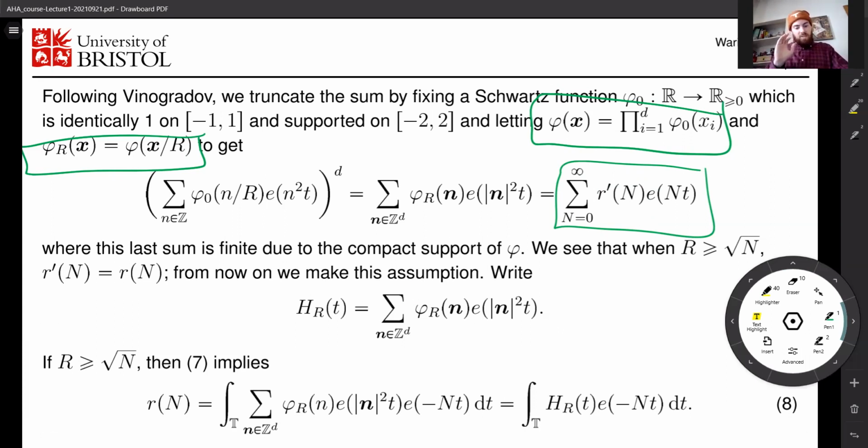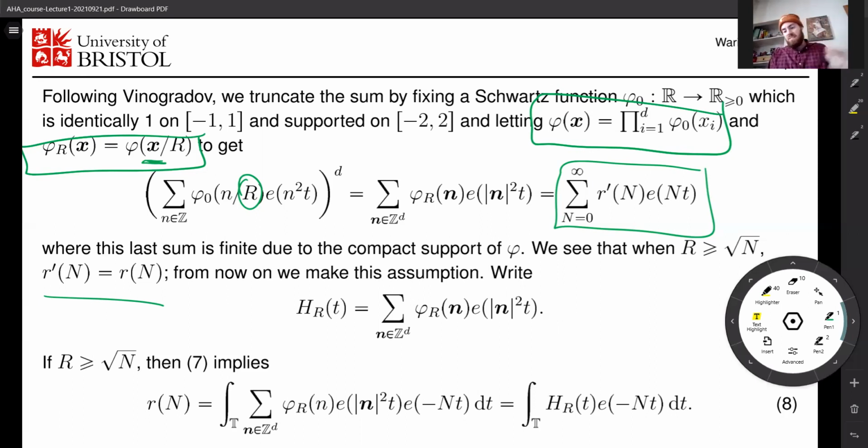But what really makes this work is that as soon as I pick this r to be bigger than the square root of n, so that each of the coordinates can be up to size square root of n in absolute value, then I know that r prime of n is equal to the original representation function at n. It's not for bigger values of n, but it is at that n.